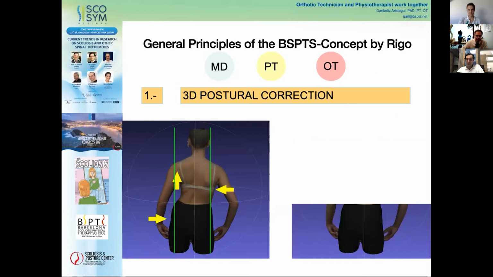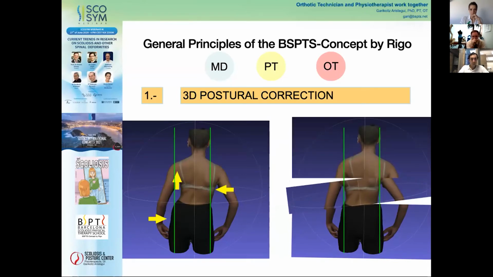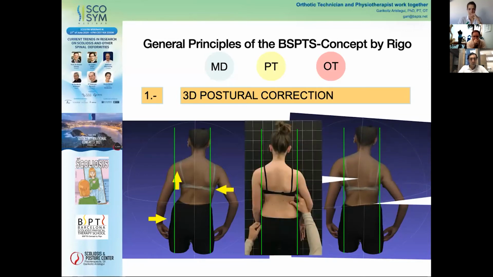If we work, for example, with this picture and define the same lines, the first thing that maybe we are going to do is to move the pelvic block. The second one is to move the lumbar block. And the third one is to move the thoracic block. At the end, it's the same work that we have done before with our hands.